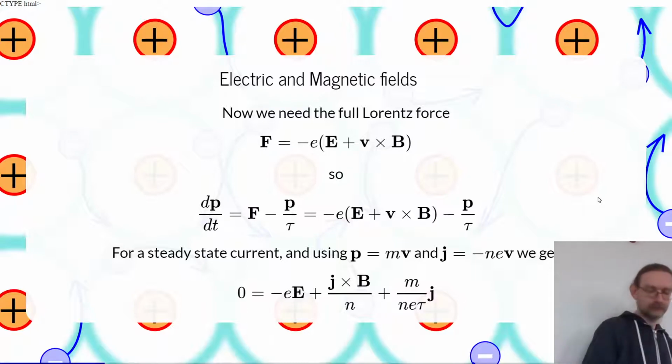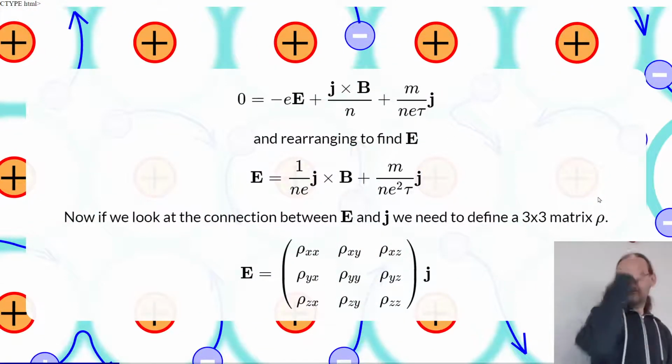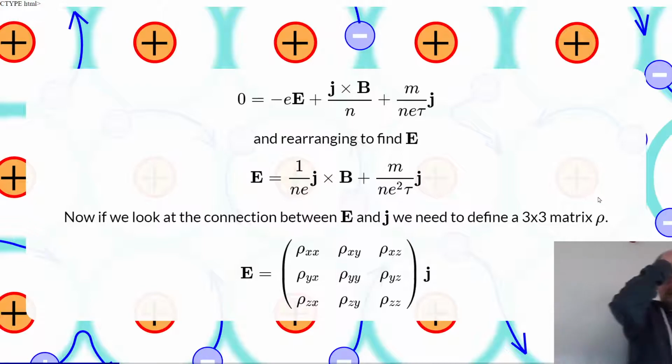So we plug that in, get that equation at the bottom, and if we rearrange and get the electric field on the left, we've got a more complicated expression linking the electric field to the current in the system. It's more complicated because the magnetic field is there as well as the electric field.